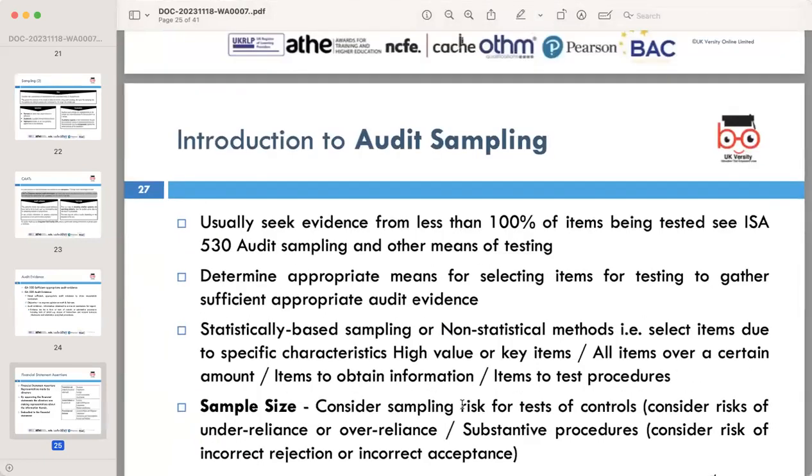Introduction to audit sampling. As we discussed previously, auditing is all about checking things to make sure they are correct, and sampling is one way we do this without checking every single thing. Instead, we check a smaller group to make sure everything is in order.